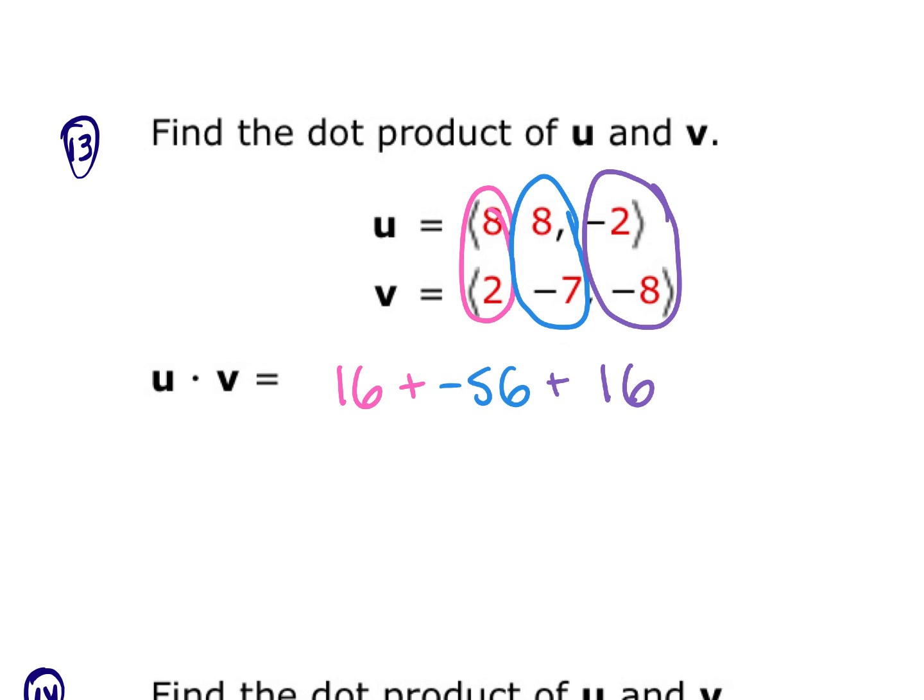So what is 16 minus 56 plus 16? 24? Negative 24. So the dot product will always be just a number.